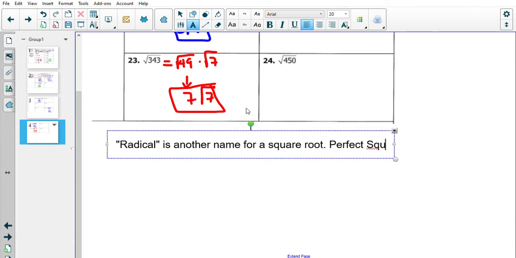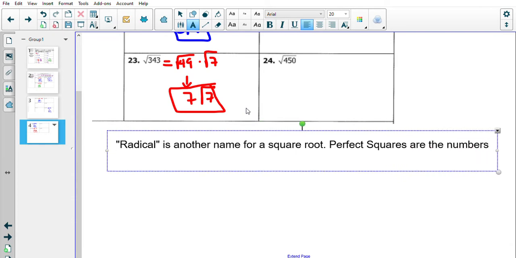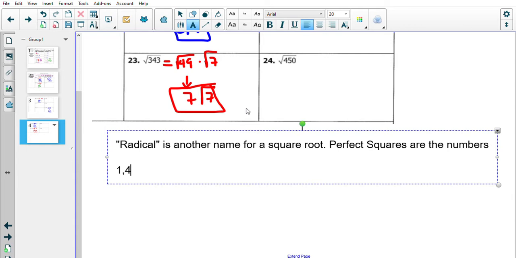Perfect squares are the numbers 1, 4, 9, 16, 25, 36, 49, 64, 81, 100. Those are your first 10. Then we have 121, 144, 169, 196, and 225. Those are your first 15 perfect squares.